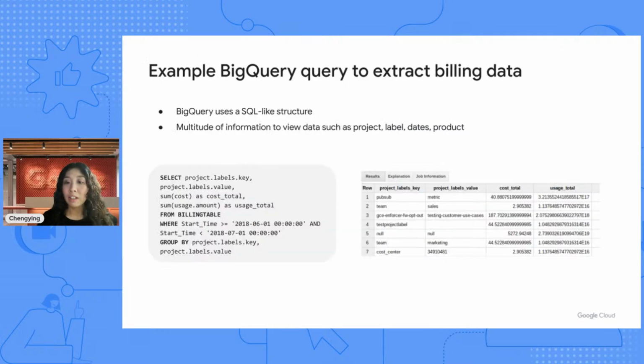Okay, another example. Once we've got our labels set up and our billing export switched on, we will start to see data appearing in BigQuery, where you can then query it. As a recap, you can use SQL-like queries to break your data down into meaningful breakdowns like labels and values.